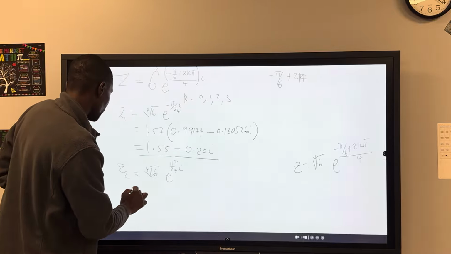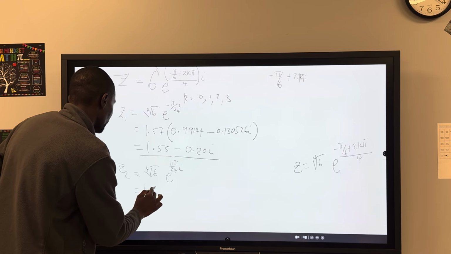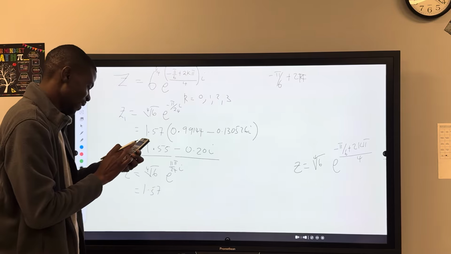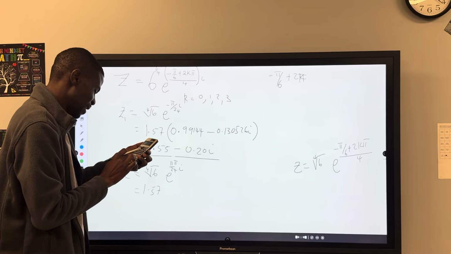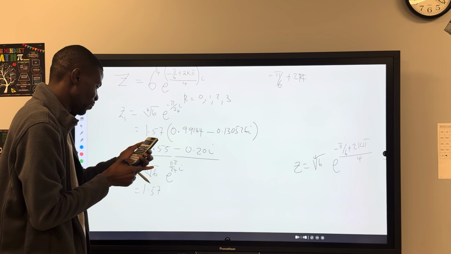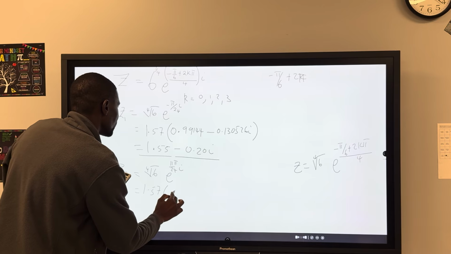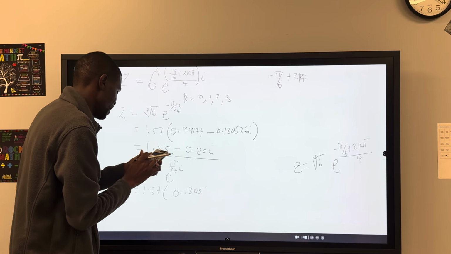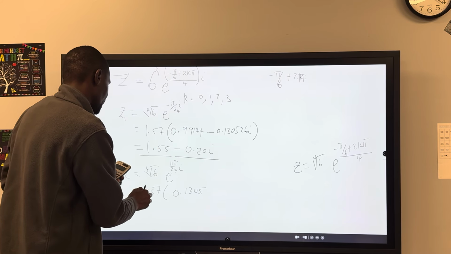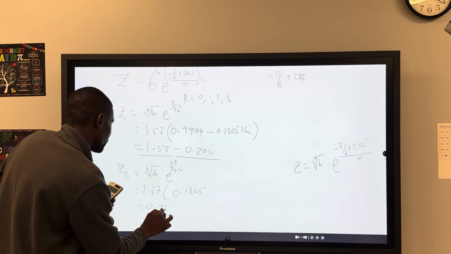All right, so now let's plug that in. Here it's going to be 1.57, it's not changing. So if I say cos, it's now 11 pi over 24. I'm getting 0.13015. When I multiply that by 1.57, I'm getting 0.20.